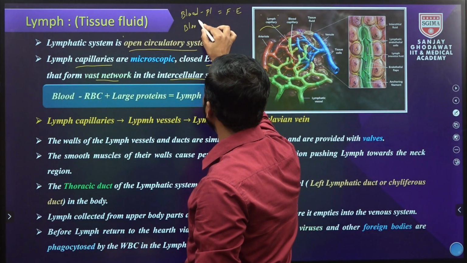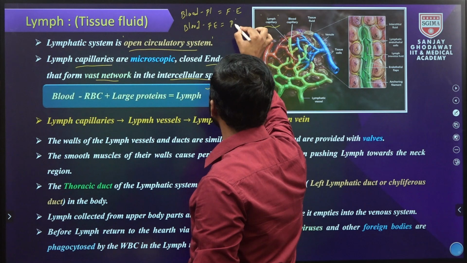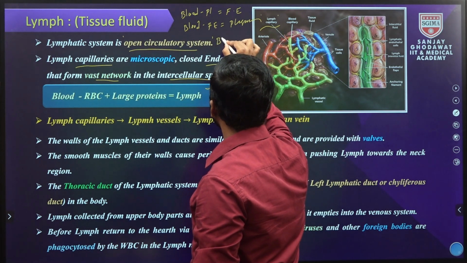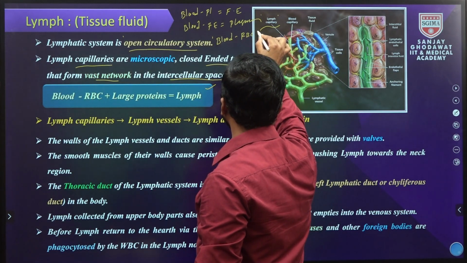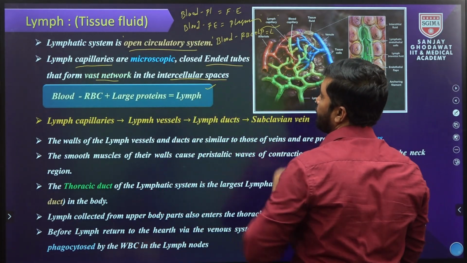Blood minus formed elements is equal to plasma, whereas blood minus RBC plus large proteins is equal to lymph. This is the lymph.